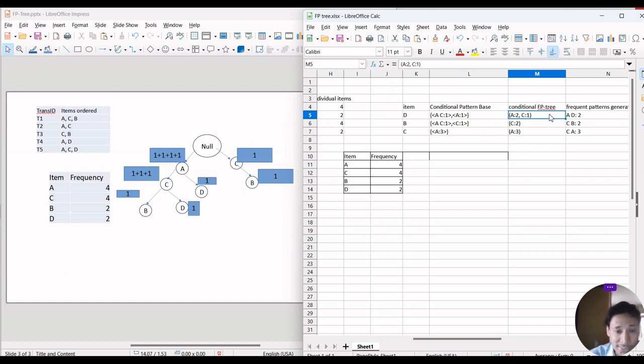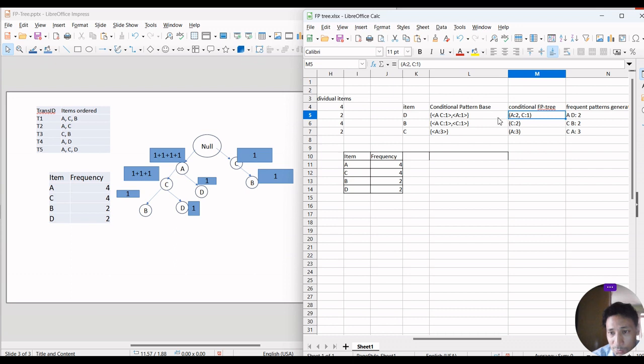We can reach D from A because there are two branches and both have A, so we are writing 2 here. For C there is only one branch, so we are writing 1 here. So the frequent pattern that can be generated is, we have seen D 2 times.